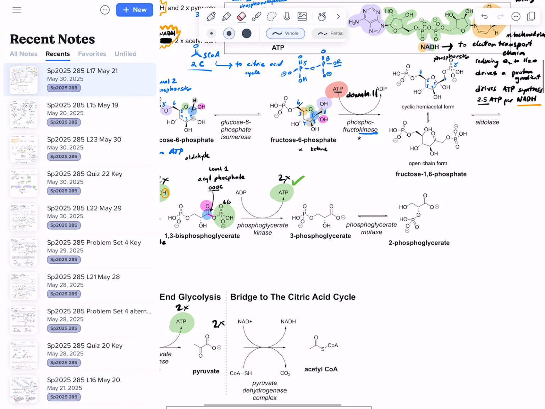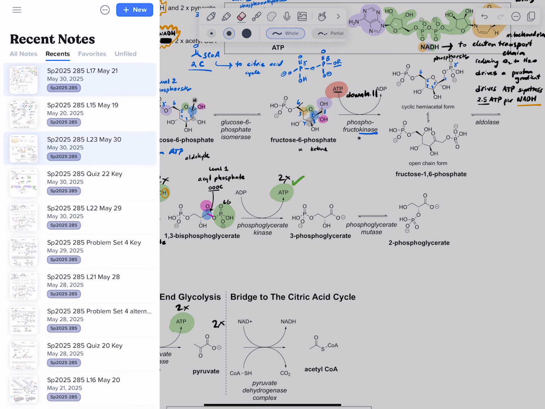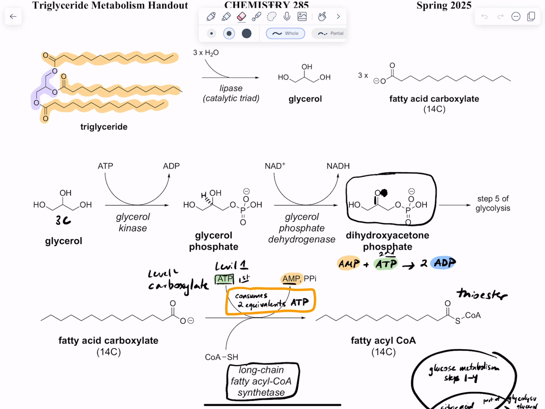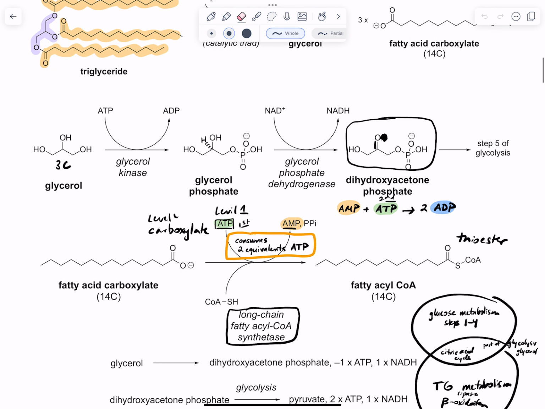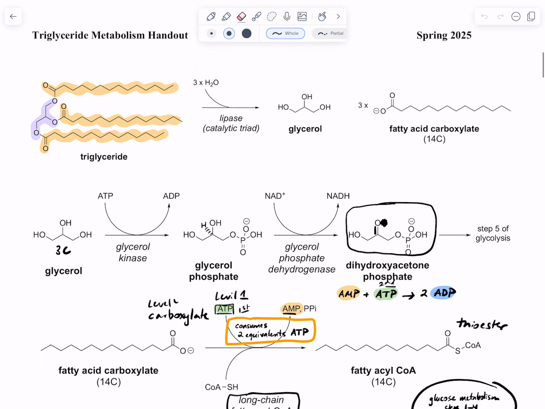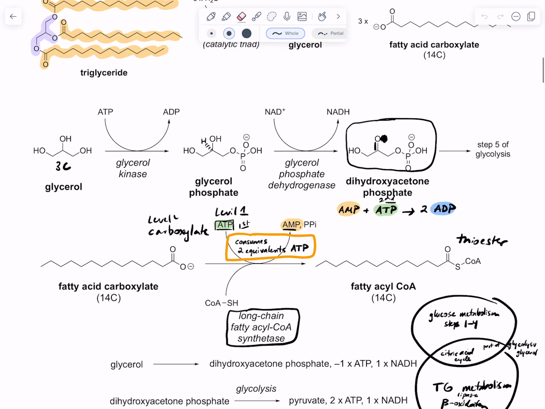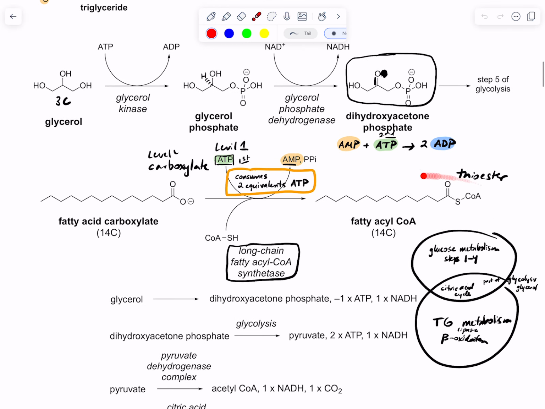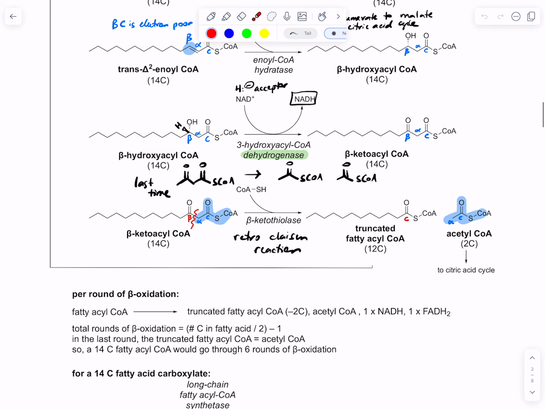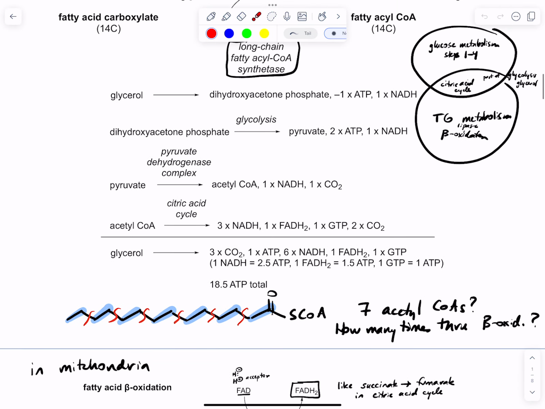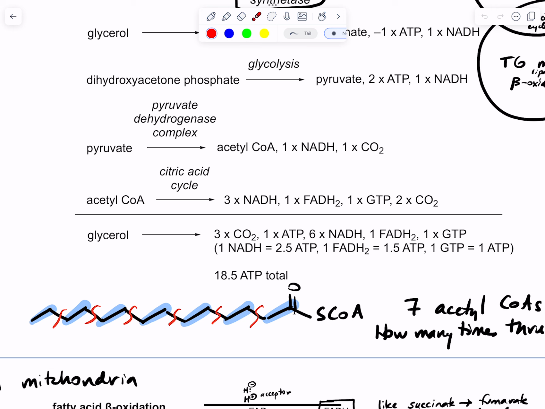Okay, good questions. Let's see, where were we there? Yep, so we do the lipase reaction, we deal with glycerol, that then can go to glycolysis and be processed. We do the fatty acid carboxylate, that gets modified to the thioester, then goes through beta oxidation to become acetyl-CoA. What we summarized here was the ATP output from glycerol, which is 18.5 ATPs.